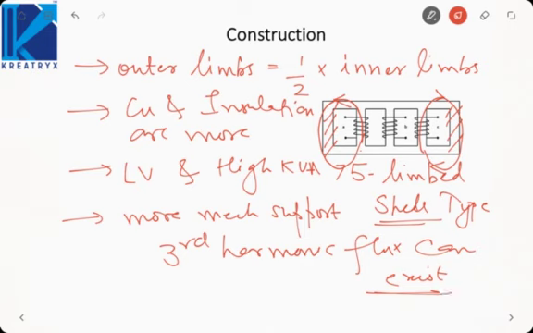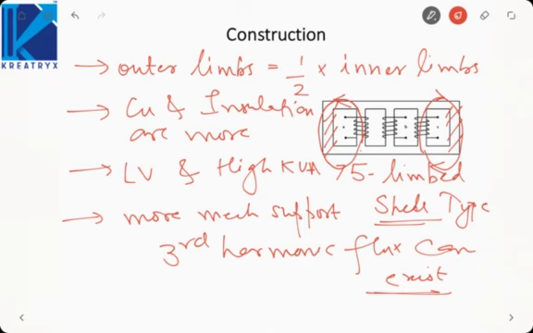That is the difference between 3-limbed and 5-limbed type of transformer. In 3-limbed, third harmonic flux can never exist, but in case of 5-limbed, third harmonic flux can exist. Hence, EMF will be non-sinusoidal.